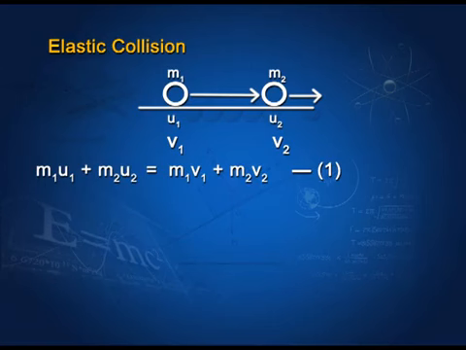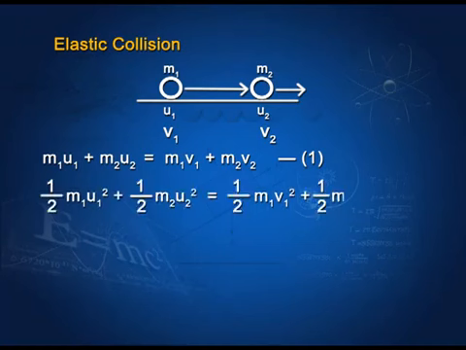This, let us say, we call our equation 1. Likewise, because it is elastic collision that we are considering, we could write an equation for the total kinetic energy before collision, which would be given by sum of these two, and this would be equal to the total kinetic energy after collision, and say this is our equation 2.